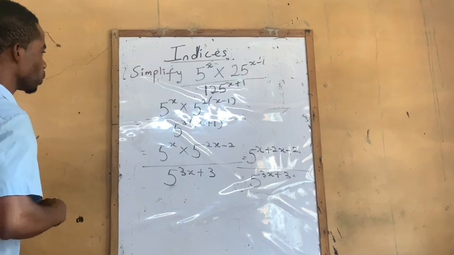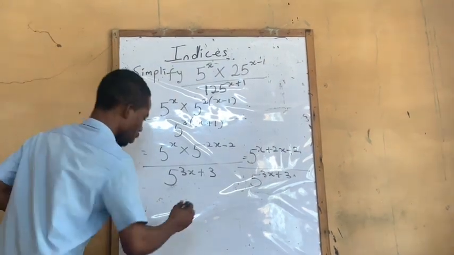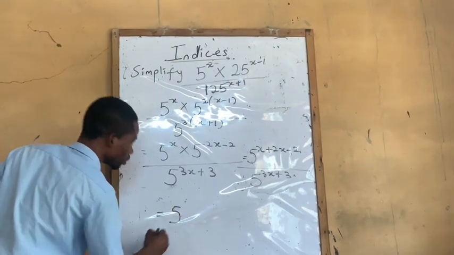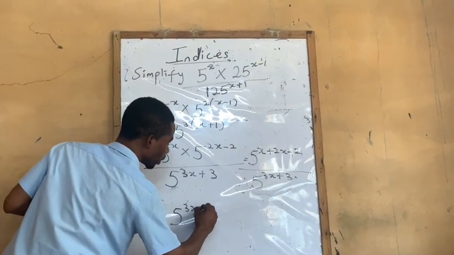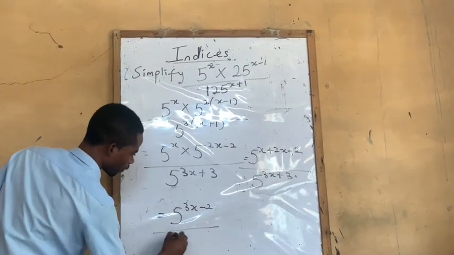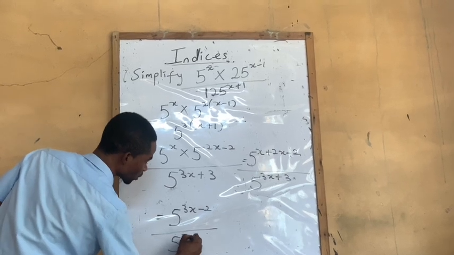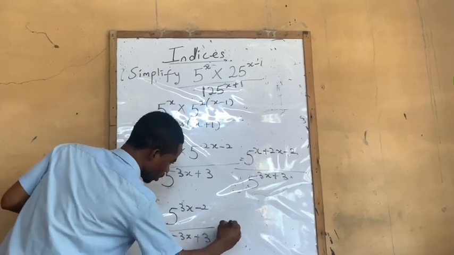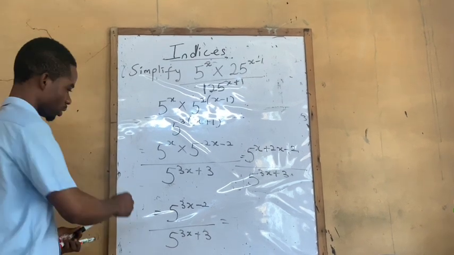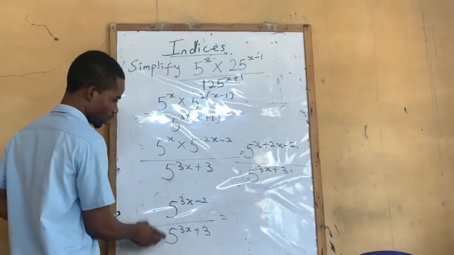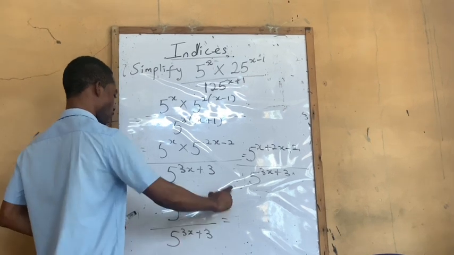So the next thing we do now is that equals 5, now x plus 2x is 3x minus 2, all over 5 raised to 3x plus 3. As I've told you earlier, according to the division law, they are the same. Pick one and you bring this power up.